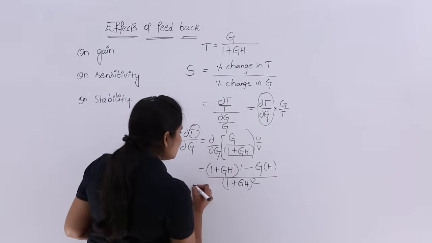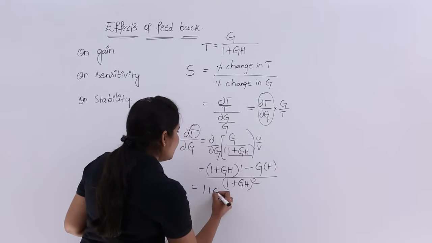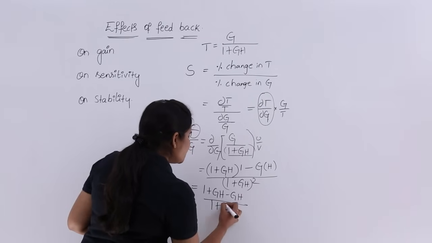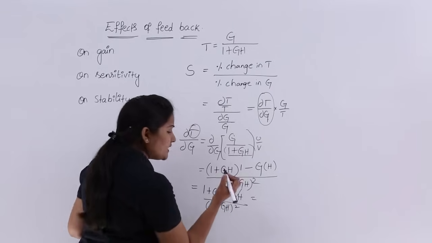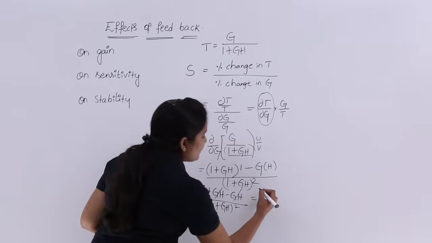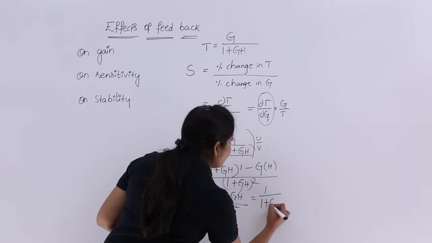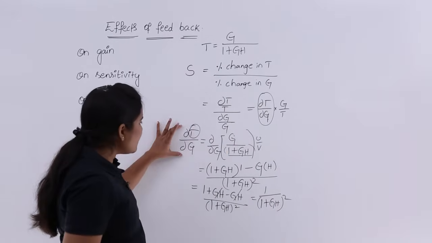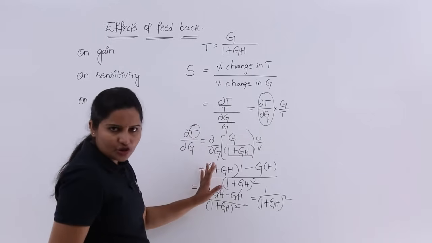So, this is equivalent to 1 plus GH minus GH divided by 1 plus GH whole square. GH is going to cancel and we get 1 by 1 plus GH whole square. So, this is the value of dou T by dou G.